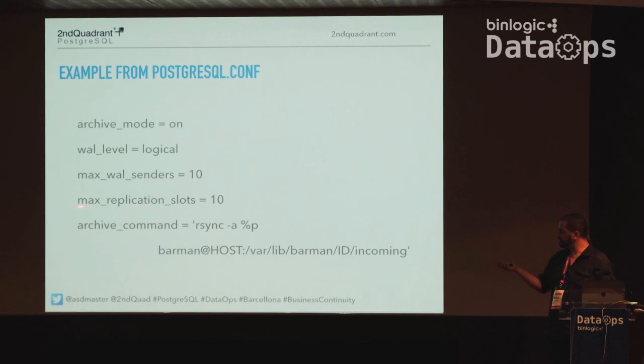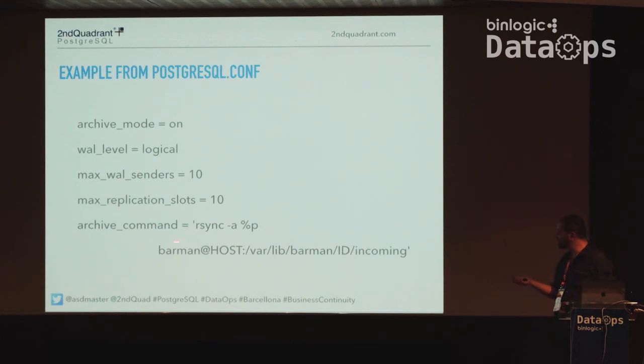We will talk about them later, but basically it's a slot that holds all the WAL files until they are correctly shipped through the streaming technology. So Postgres tries to guarantee that if you don't have the WAL file on your backup server, you have it on your Postgres server, okay?